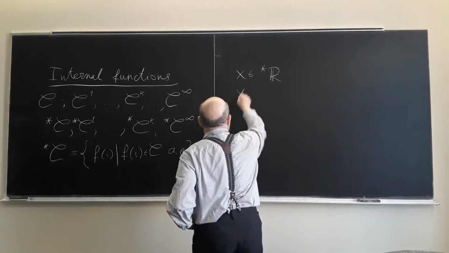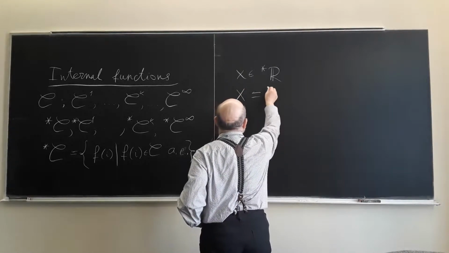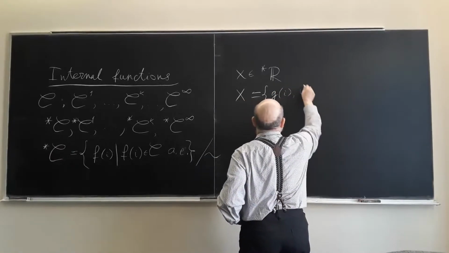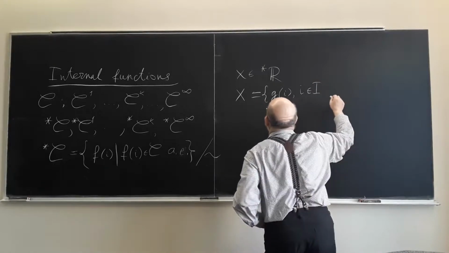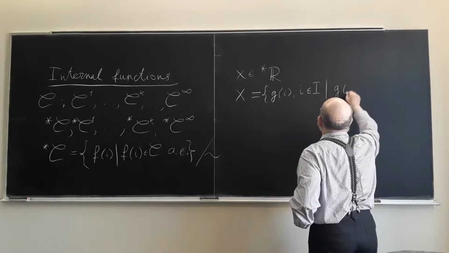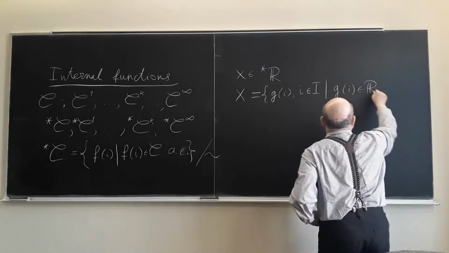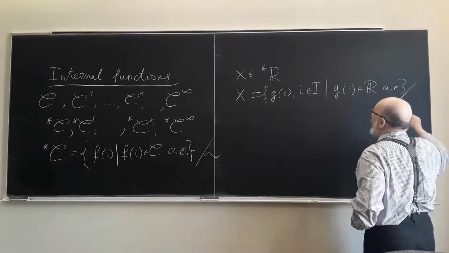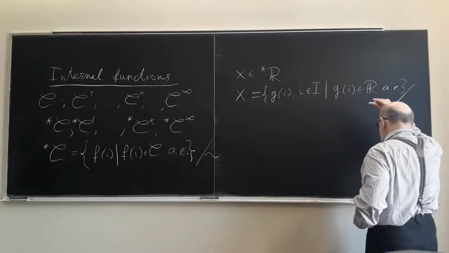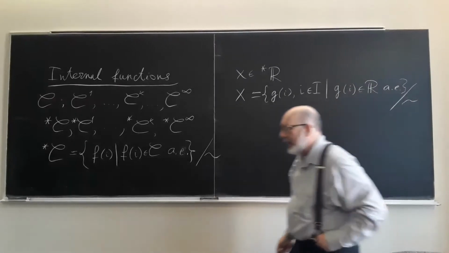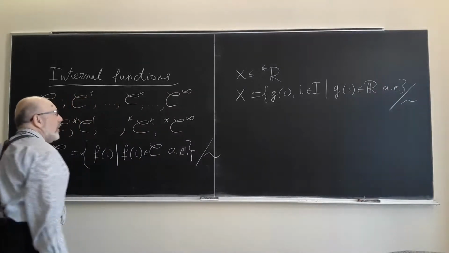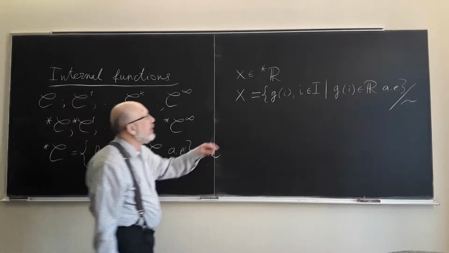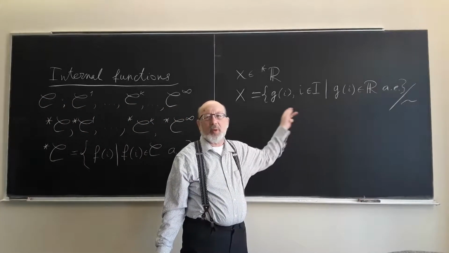X, in fact, equals say g of i such that g of i is in R almost everywhere. It is factorized by the same equivalence relation, or two such sequences are equivalent if they coincide almost everywhere.